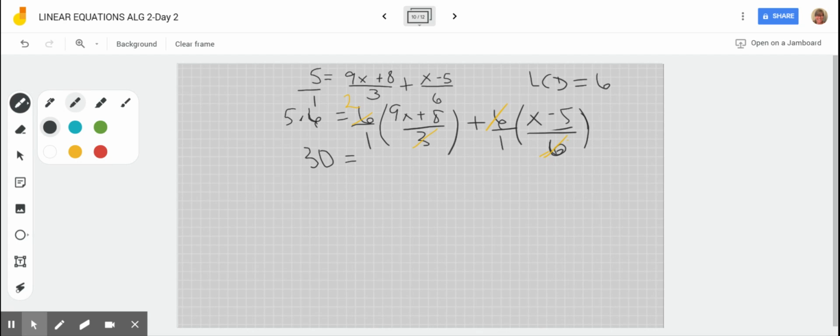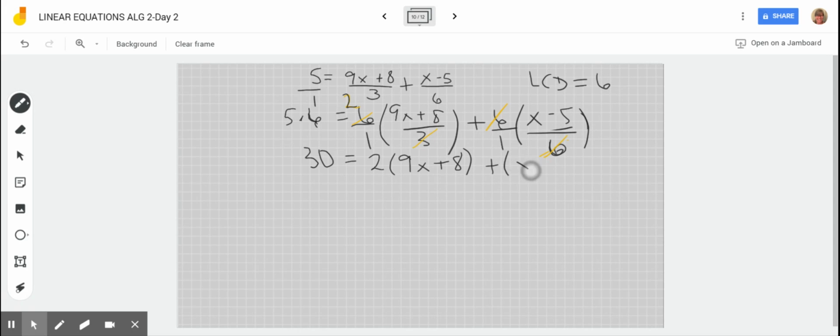So I'm going to take this 2, and I'm going to make sure I carry it down. So 2 times 9x plus 8, and then plus, I canceled this out, so I don't need to put the 1, and I can just put x minus 5.